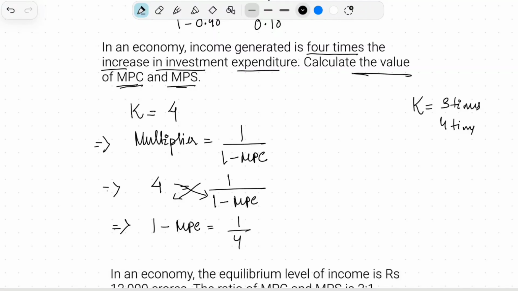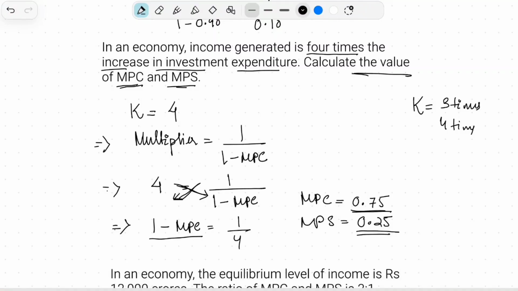So 1 divided by 4 is equal to 1 minus MPC. Therefore MPC is equal to 0.75 and MPS is equal to 0.25. After you do the calculation, you will get your answer of MPC as 0.75 and MPS as 0.25.